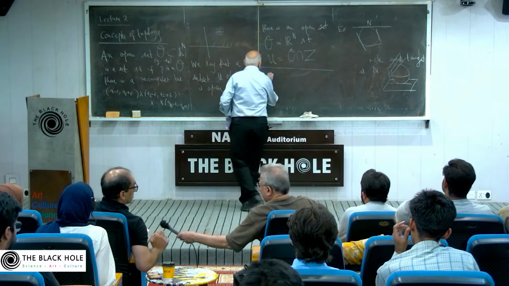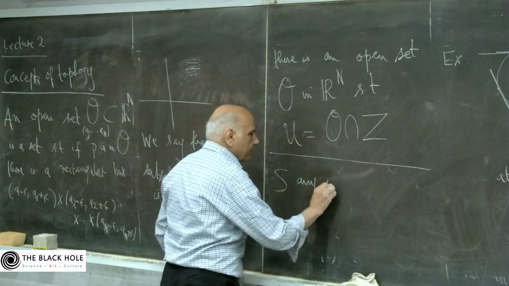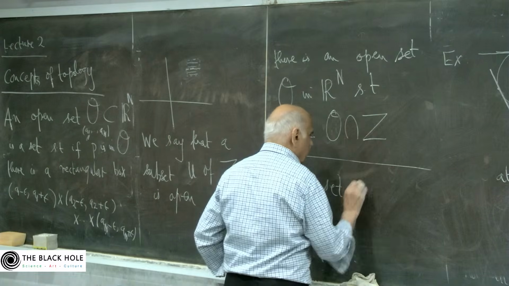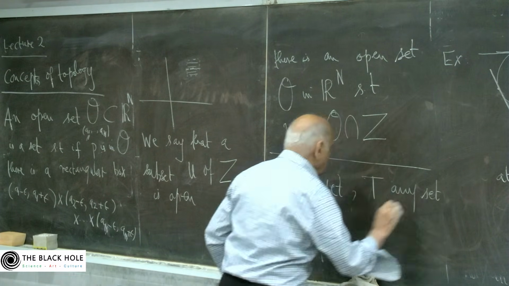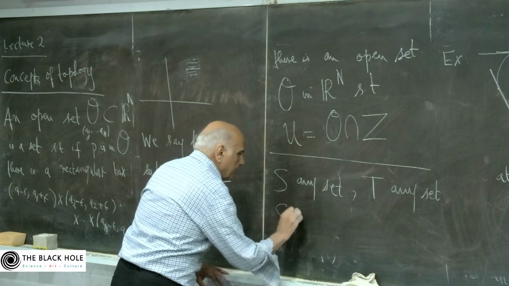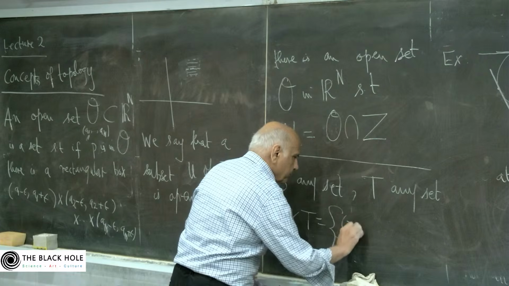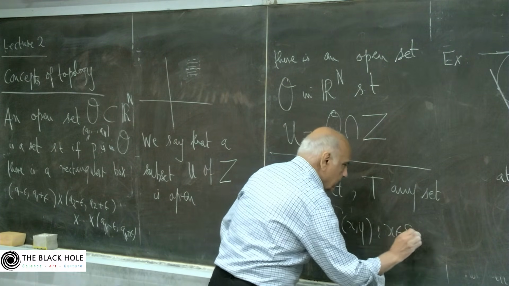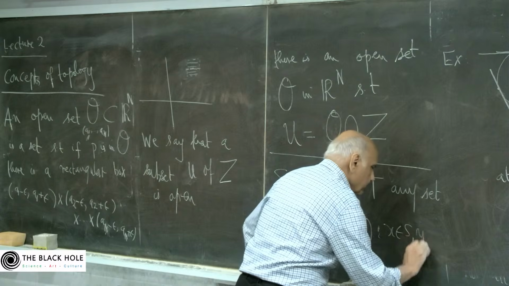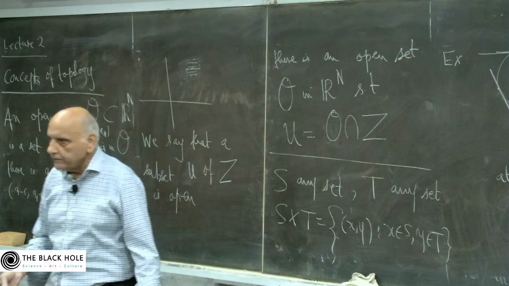If I take S any set and T any set, S cross T by definition is the set of all (x, y) such that x is in S and y is in T. This is the definition.